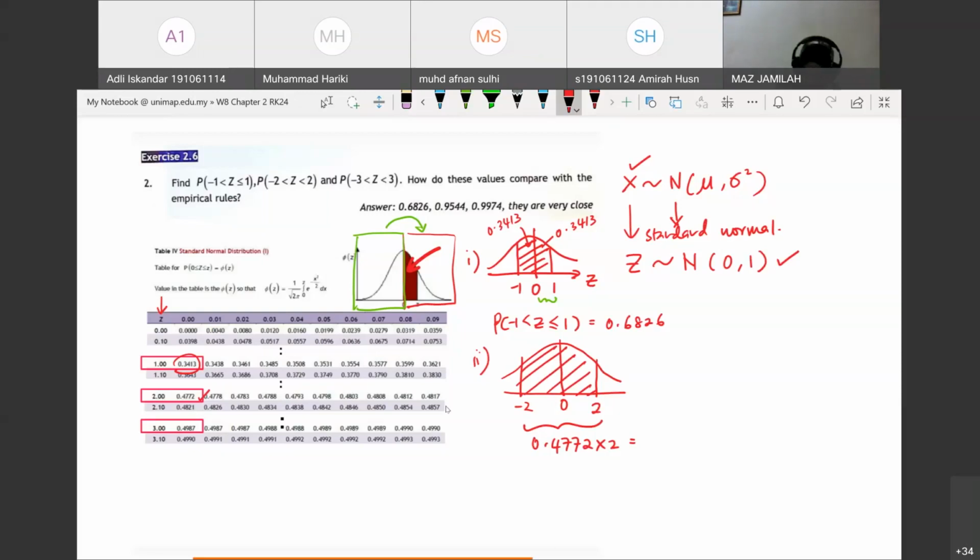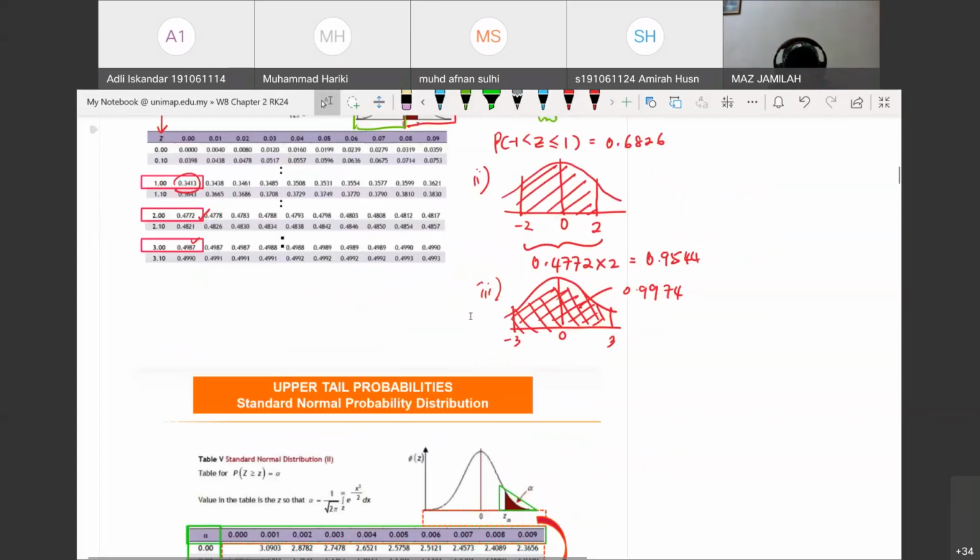You will get 0.9544. And if we are talking about the third one, between 3 and -3, even bigger, we are talking about 0.4987. So the total area of the shaded region will be 0.99974.